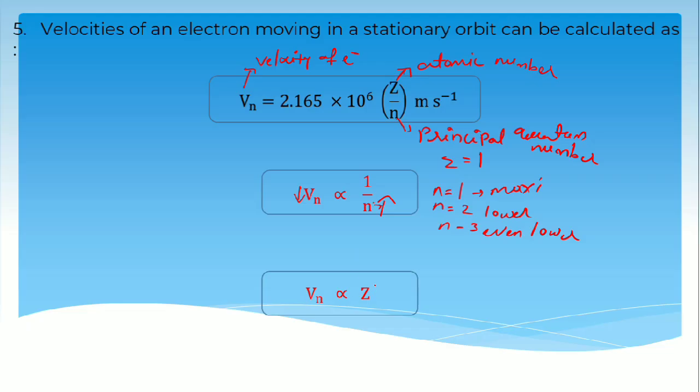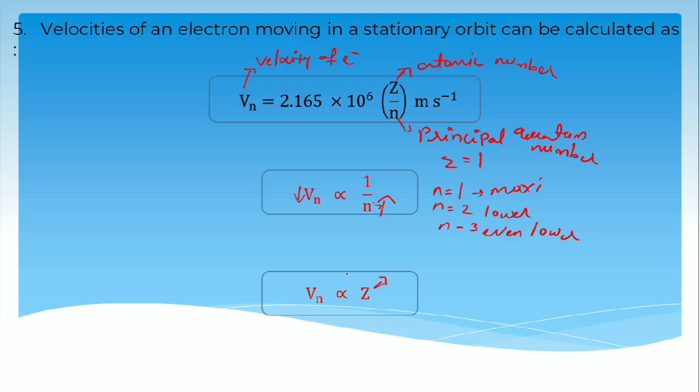The second relation is that the velocity is directly proportional to the atomic number. As Z increases, the attraction between the nucleus and the electron increases.